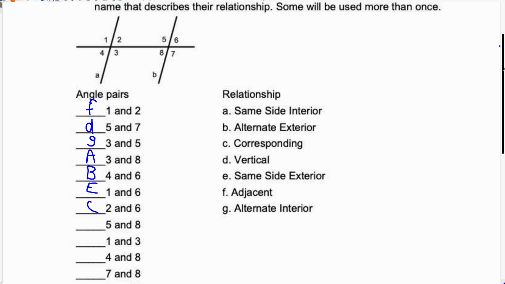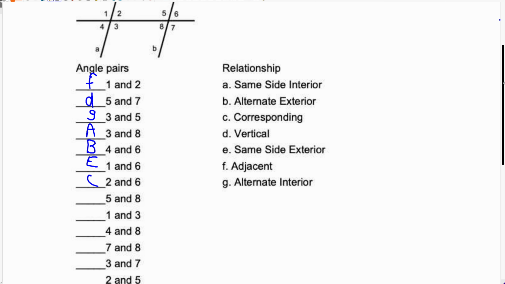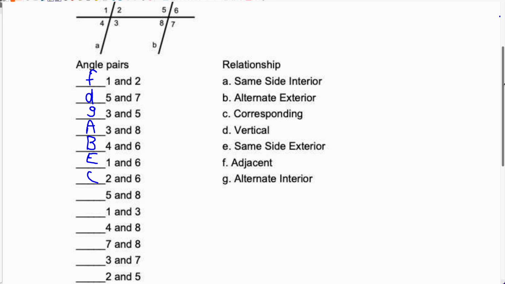I can go this way a little bit. Okay, angles 5 and 8. Adjacent. They're next to each other. Angles 1 and 3. Vertical. They're across from each other. 4 and 8.